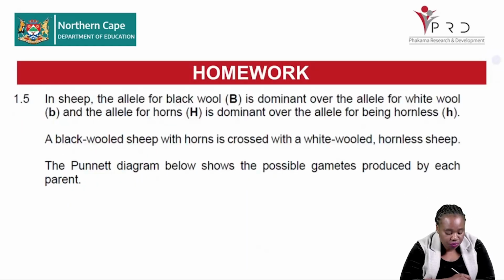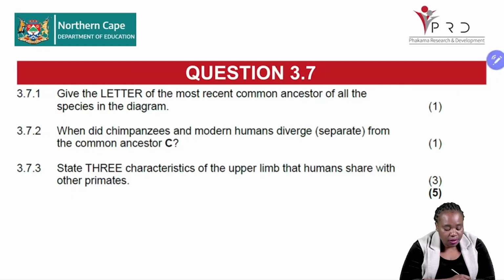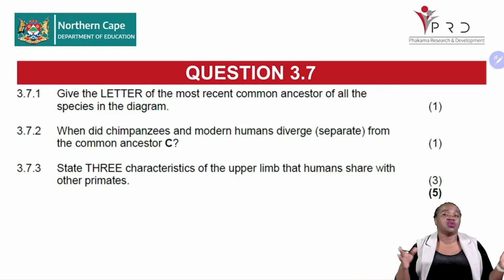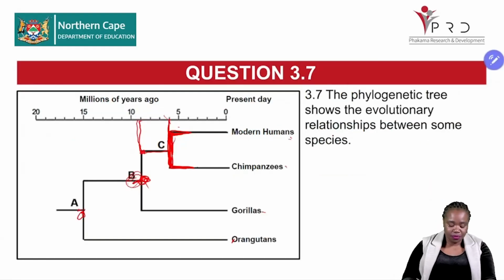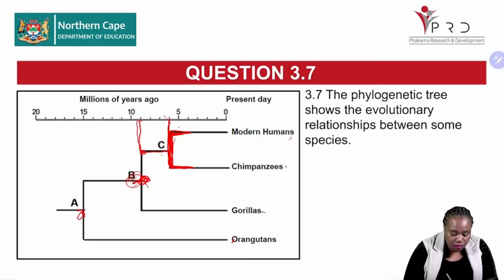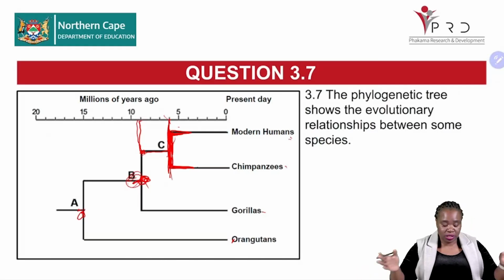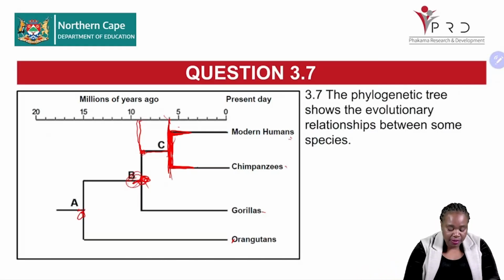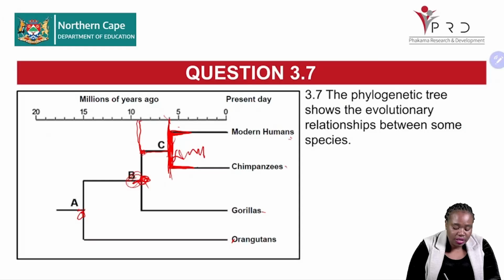3.7.2. It says, when did chimpanzees and modern humans diverge or separate? When we're talking about diverging, it is when they are separating from the common ancestor C. It means that they were both from the common ancestor, however, they diverged, meaning that they separated at a specific time, and that is about 4 million years ago.